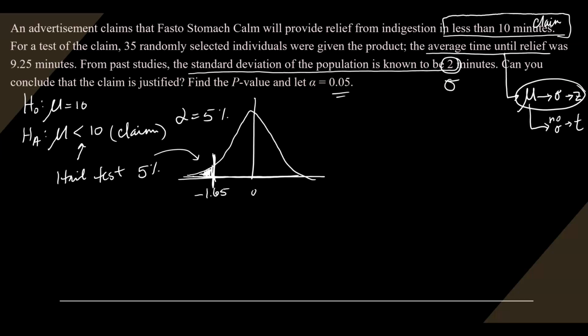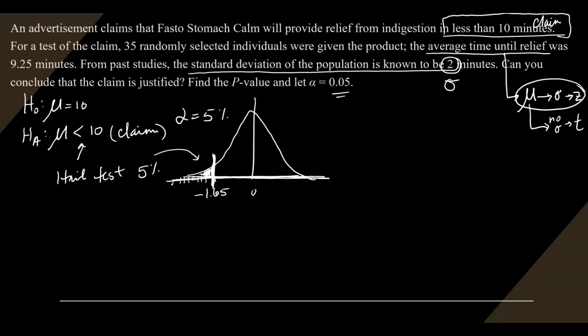Once I have this critical value, it cuts off on my number line the significant values, which are all less than negative 1.65, to the left side, away from the 0. This is where I'm going to reject my null.